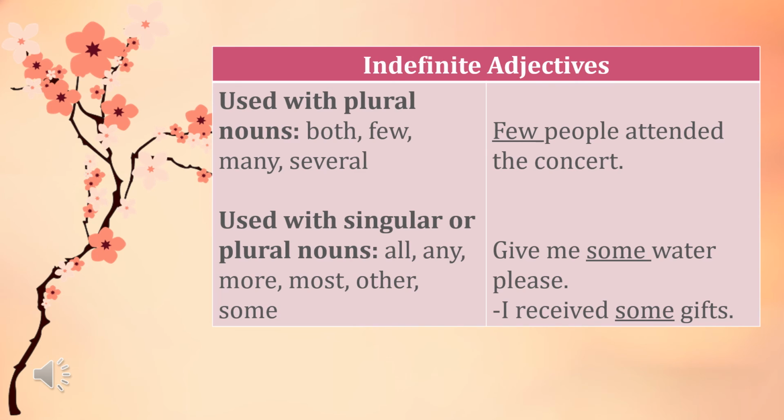Remember, indefinite pronouns all, any, more, most, other, some, and so on, we use them either with singular or plural nouns. It depends on the sentence. Either of the two. Another example is, I received some gifts. So here, the indefinite pronoun some functions as an adjective because it modifies or describes the noun gifts.